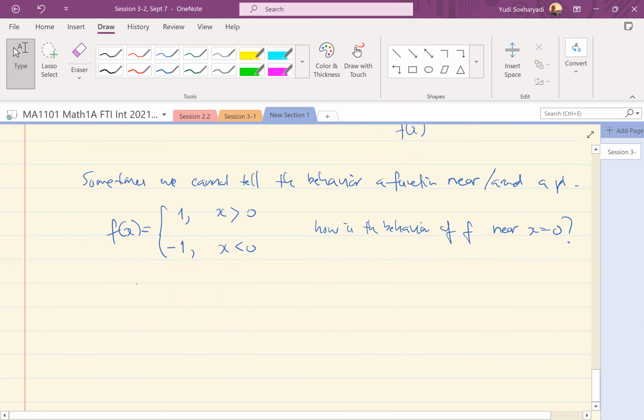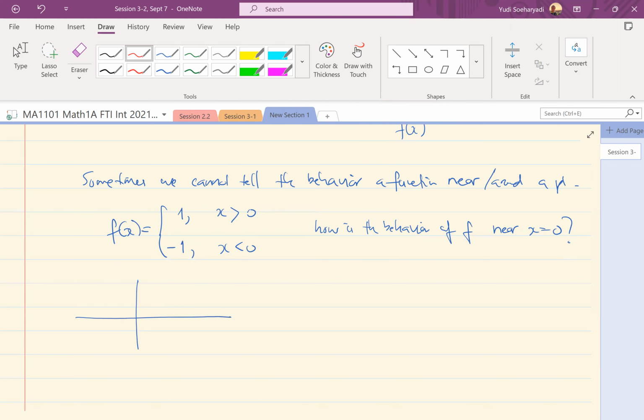Okay. All right. So let's graph the function first. To the left of 0, the value is -1. There's a hole. And for x positive, there's a hole also there. Okay, so this graph.